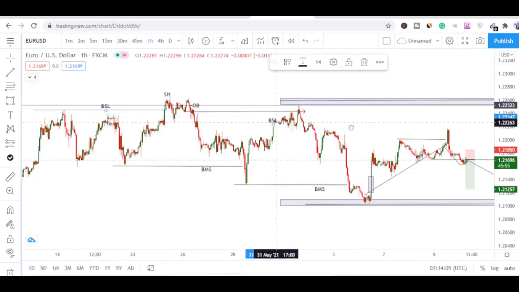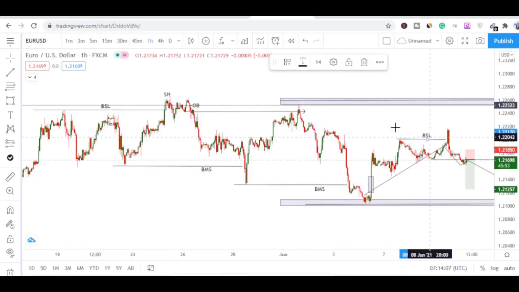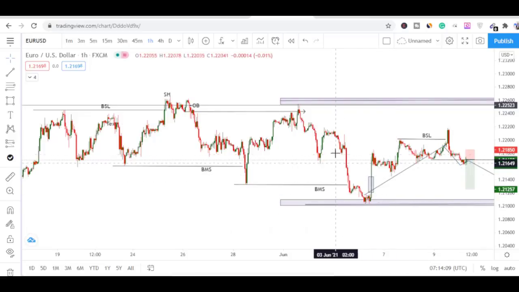We have a buy side liquidity there, and we also have a break in market structure here.